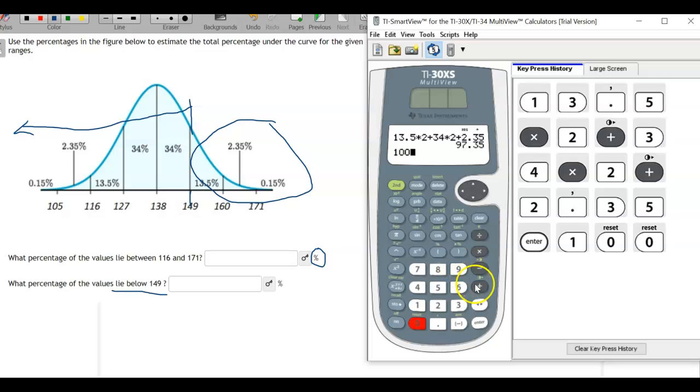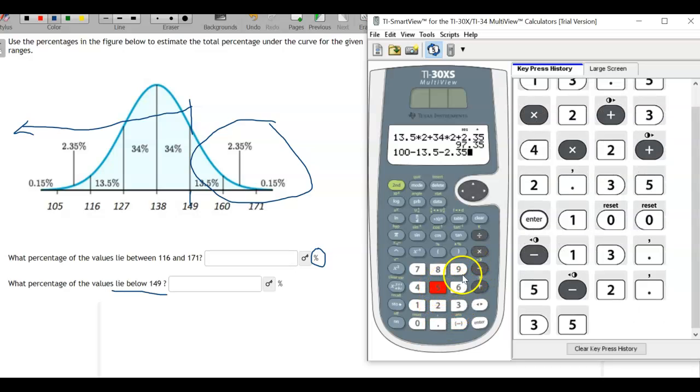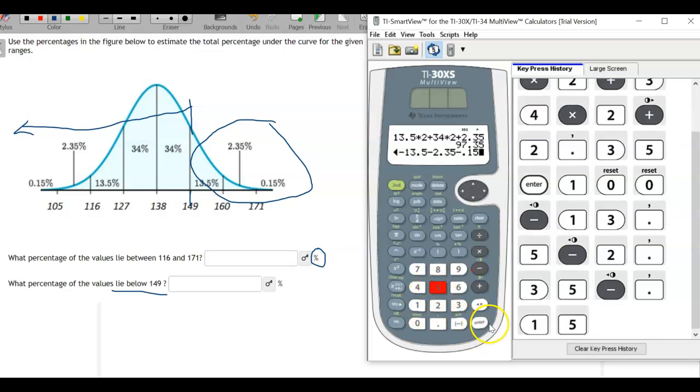And so we have 100 minus 13.5, minus the 2.35, and minus the 0.15. And that should give us the same result, or the result for that. That would be 84.